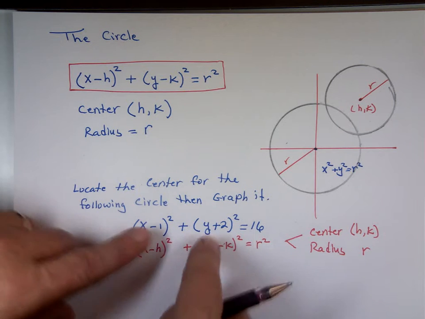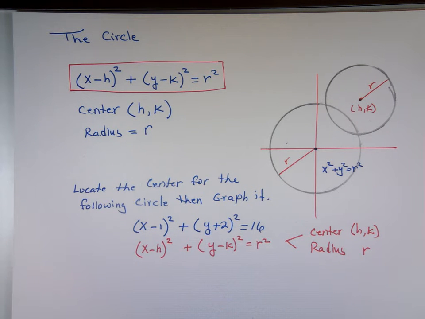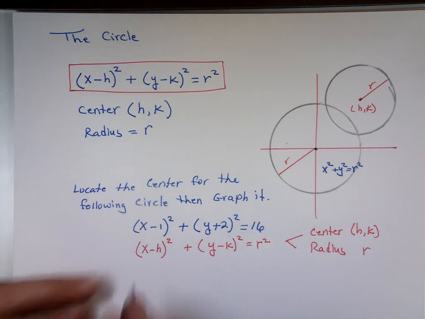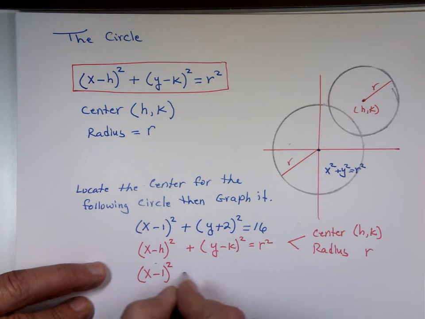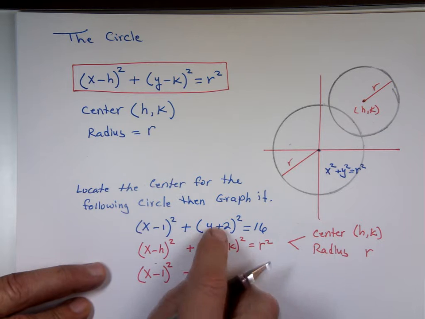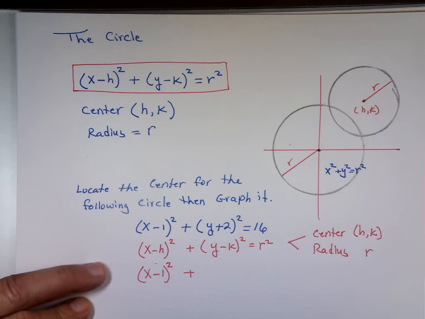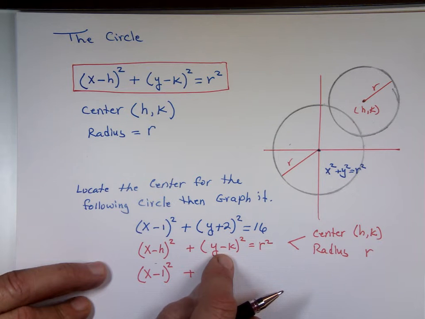So let's take that equation and make it look like this. How do you take that equation and make it look like this? Well, the first piece here is fine. This is not good. That's a plus, supposed to be a minus. So how will you make it look like this?